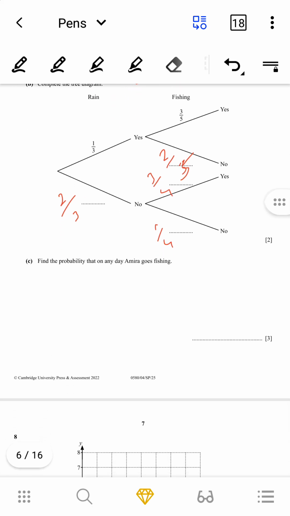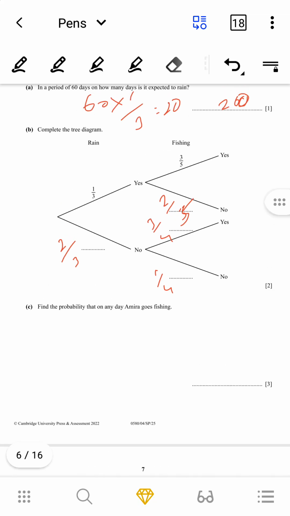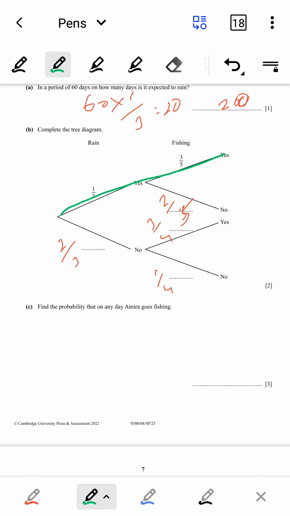Based on the tree diagram, we have to find the probability that on any day Amira goes fishing. Any day, they are telling, so what are the possible ways we have? See, for yes we can go this way, then this way, yes.